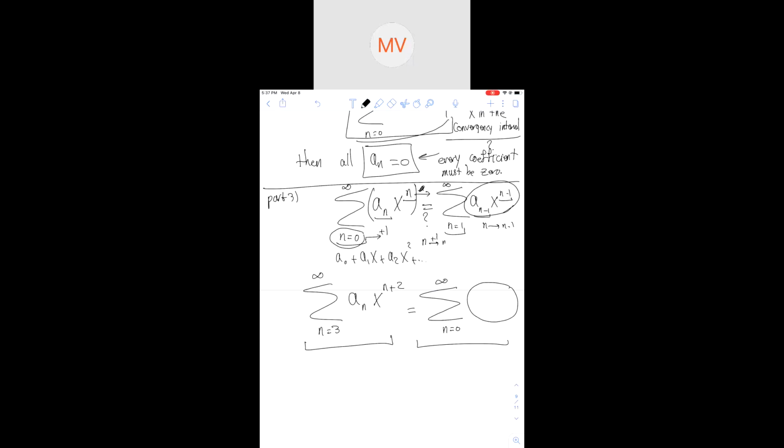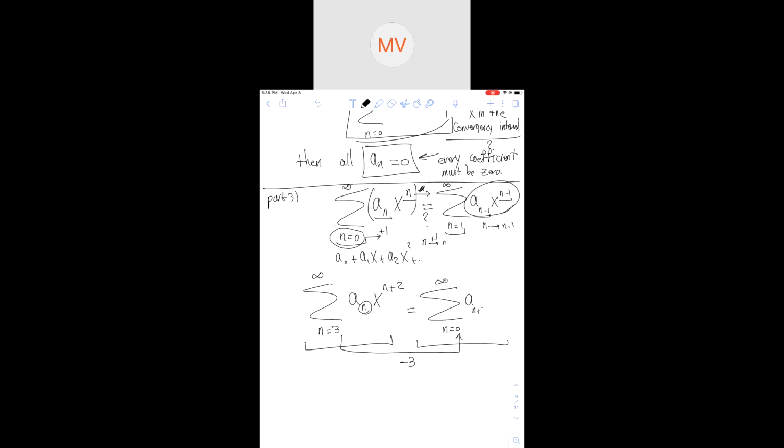Well, since I subtracted 3 from here to here, what do I do to the indices if I subtracted? You do the opposite. You add 3. That means wherever you see n, you replace it with n plus 3.